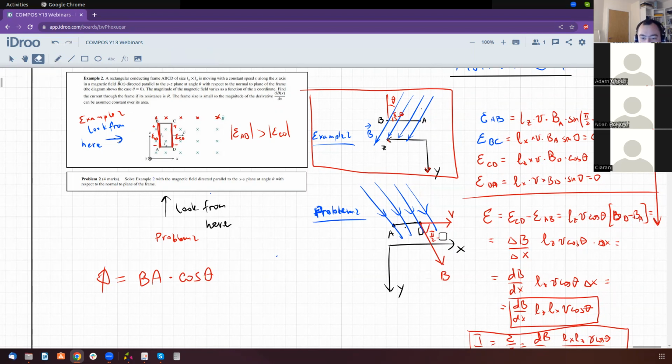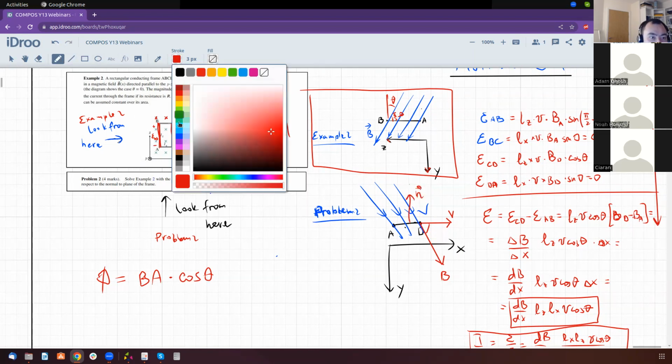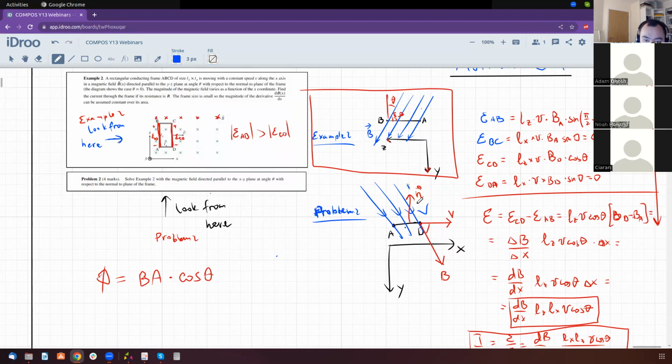So this is the normal to the loop, and the angle is theta.